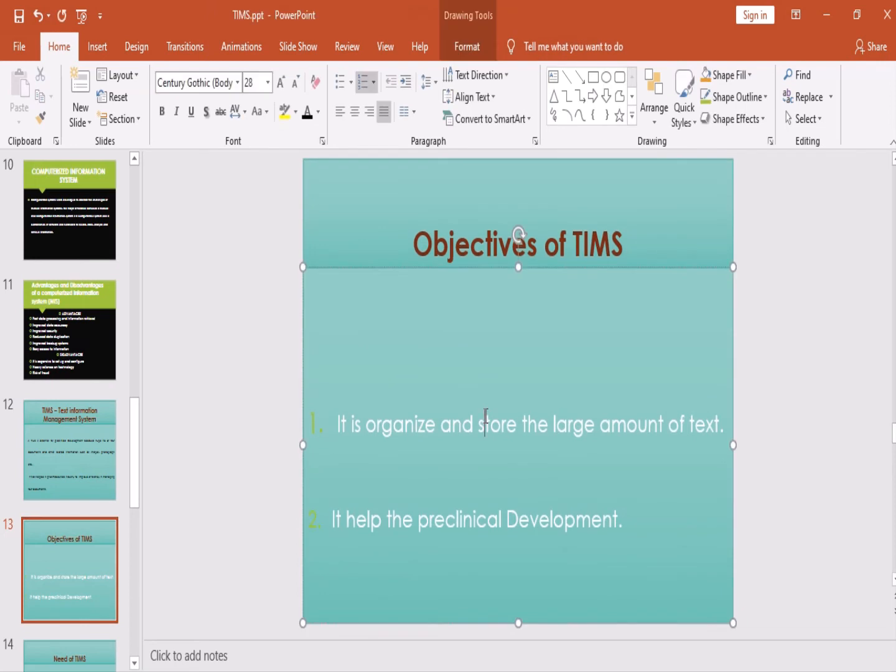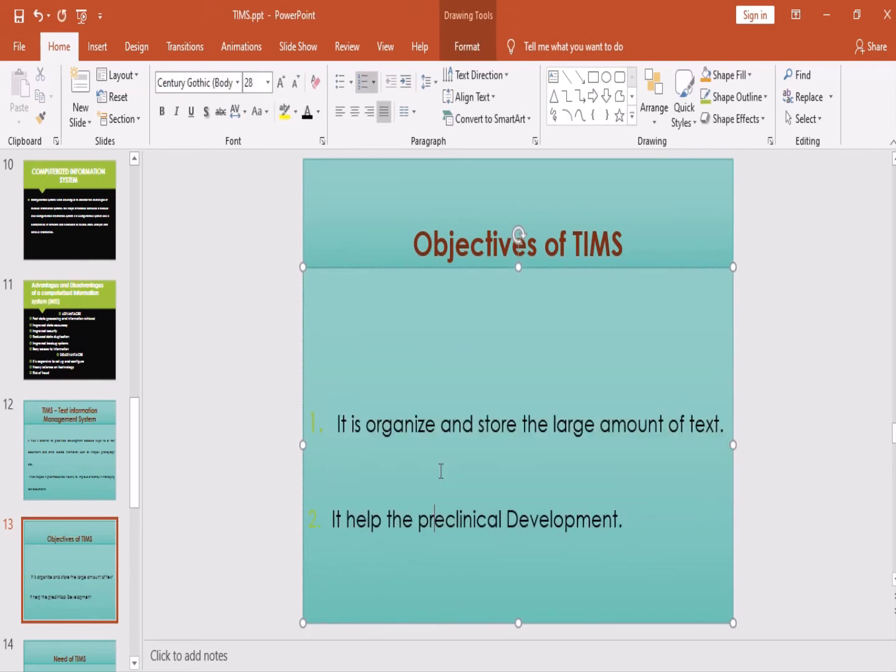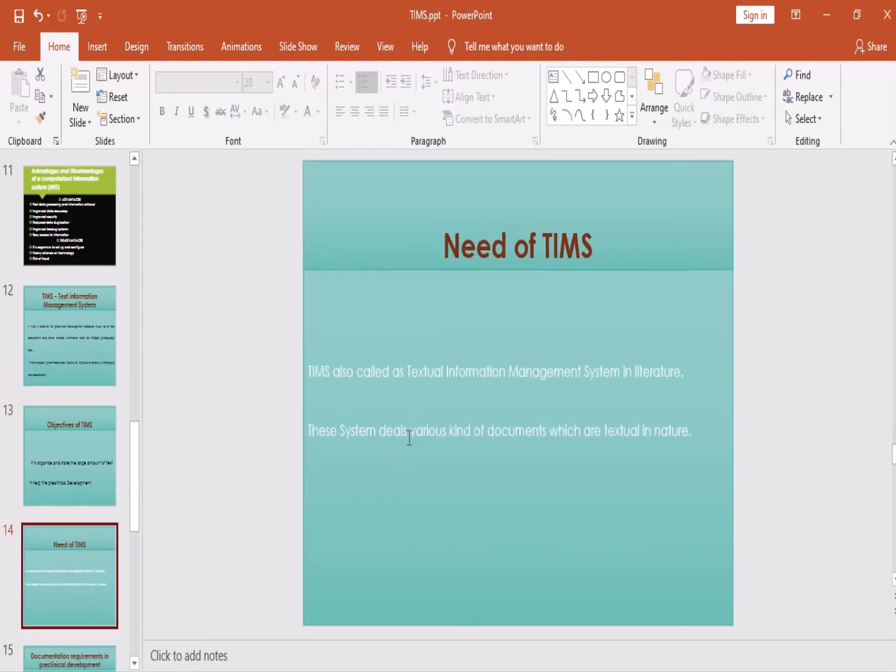The objective of the text information management system is to organize and store large amounts of text. It helps preclinical development through this organized storing of data. And the need of TIMS.